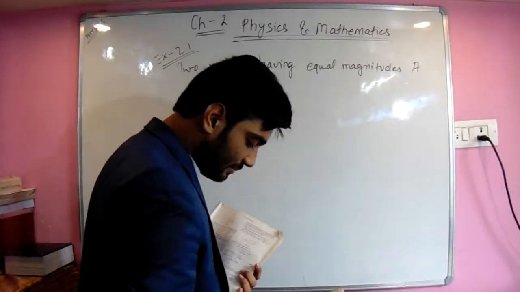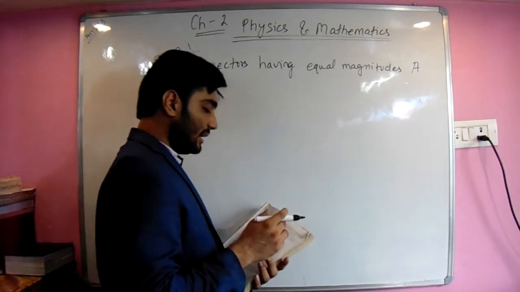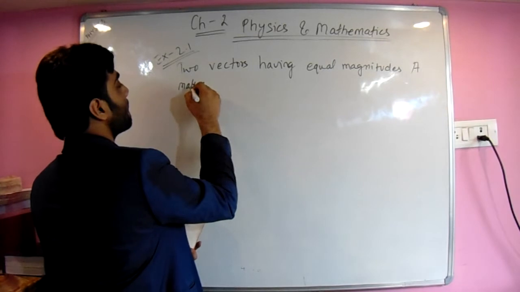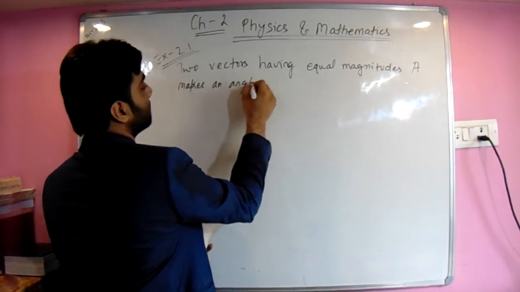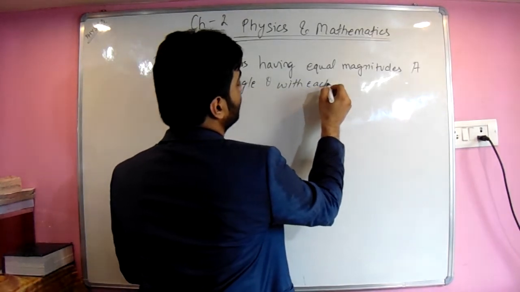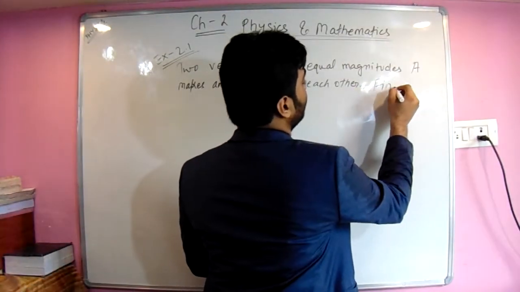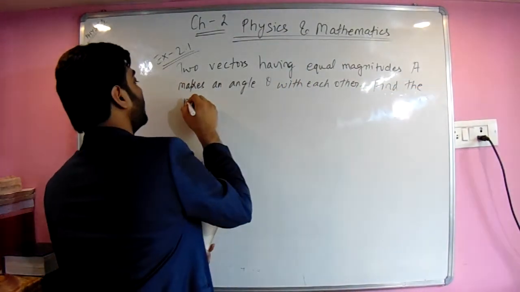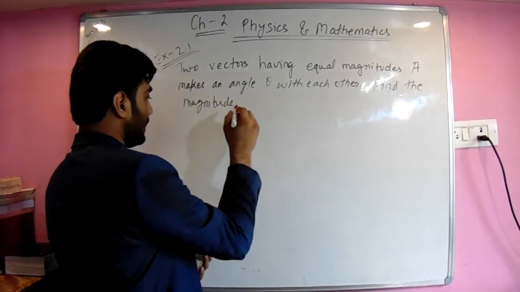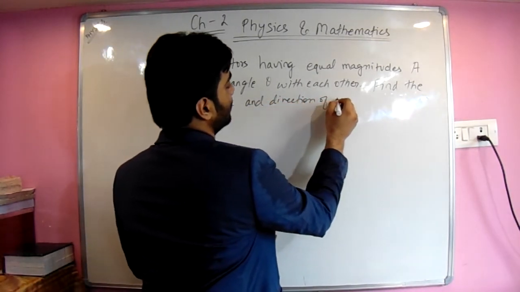Small a vector and small b vector have equal magnitudes, capital A, and make an angle theta with each other. Find the magnitude of the resultant and the direction of the resultant.